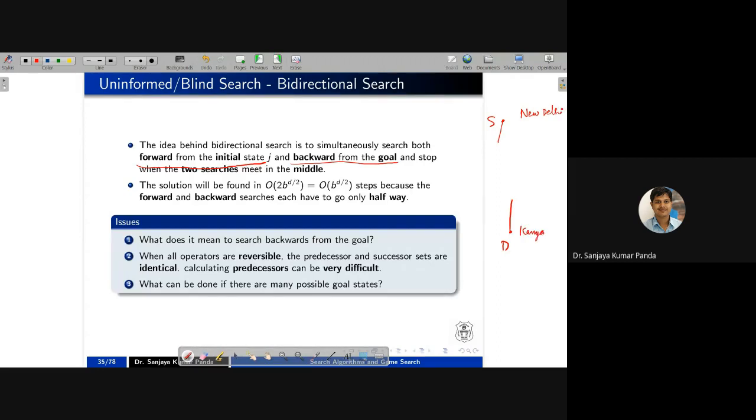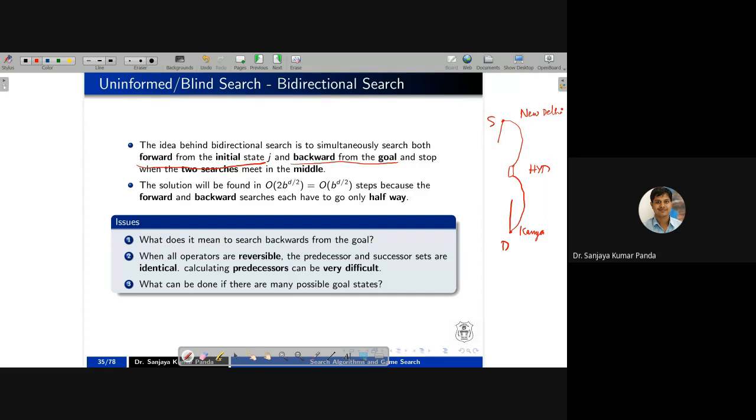You would ask your friend, let us meet at an intermediate position, let's say Hyderabad. So the first person has to move from New Delhi to Hyderabad, and the other person has to move from Kanyakumari to Hyderabad. So forward from the initial state, backward from the goal state.